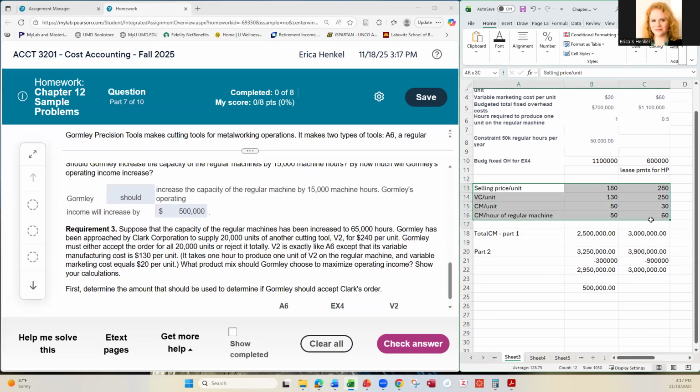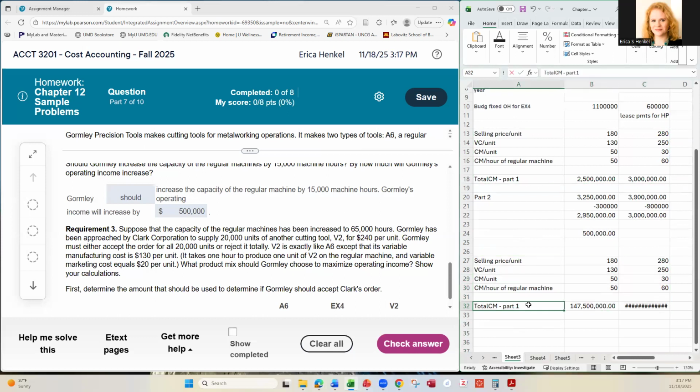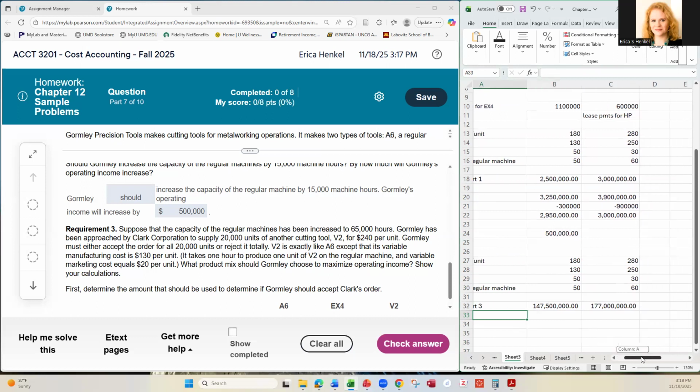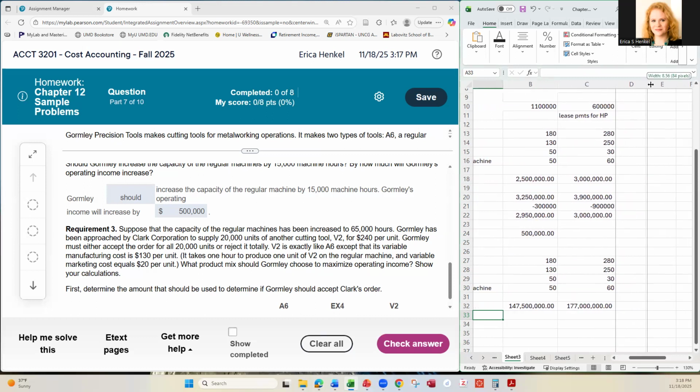Let me just copy these right down here, so we can add in another column here. I'm going to plug this in for product 3. It is going to sell for $240 per unit. They must accept the order for all 20,000 units or reject it totally. Okay, so it's all or nothing here.